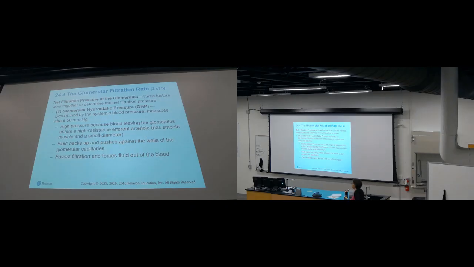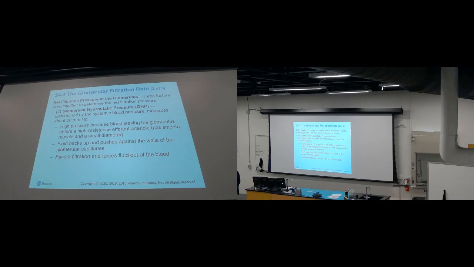And then you have something that is called net filtration, that is calculated based on the differences between the hydrostatic pressure and the oncotic pressure, but not only from the glomerulus, but also from the capsular space.